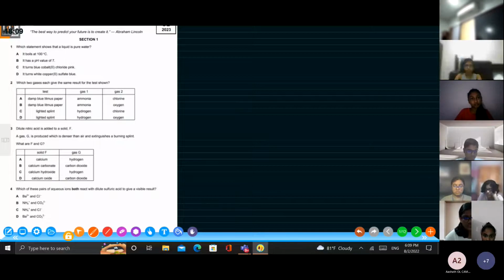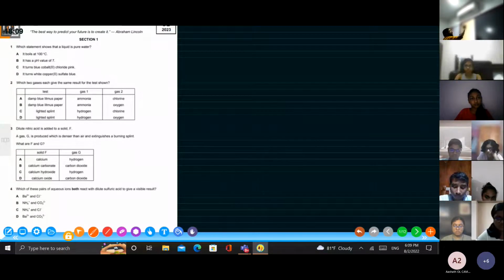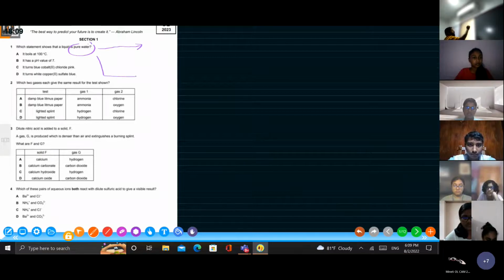Which statement shows that the liquid is pure water? Now, for water we have an identification test, right? You can remember that anhydrous copper sulfate or copper chloride can be used to identify water.